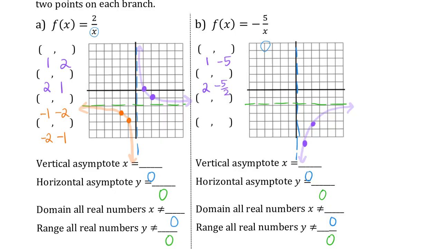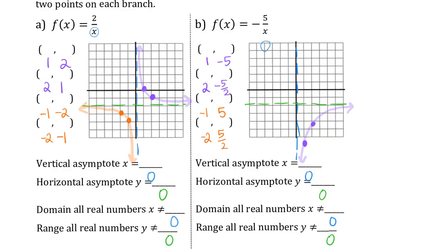Okay, so now I'm going to plug in a couple numbers on the left side. The vertical asymptote is at x equals 0, so I'm going to plug in -1 and -2. If I plug in -1, I have -5 divided by -1, so I actually get +5. Okay, if I plug in -2, -5 divided by -2 is positive 5/2.